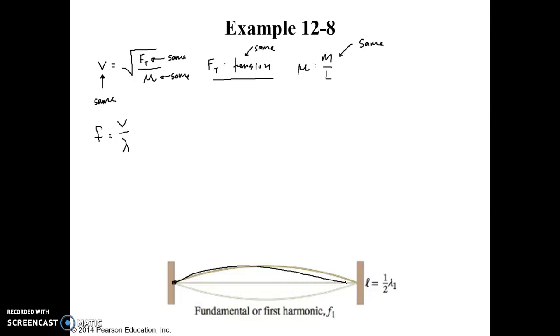Remember, in this case, when we have a string that is vibrating at its harmonic frequency, it creates a standing wave where the total wavelength is double the actual length of the string. This vibrating string is half of the wavelength.